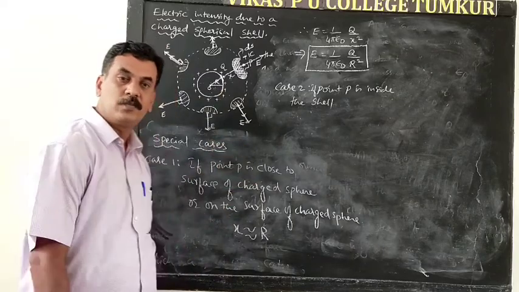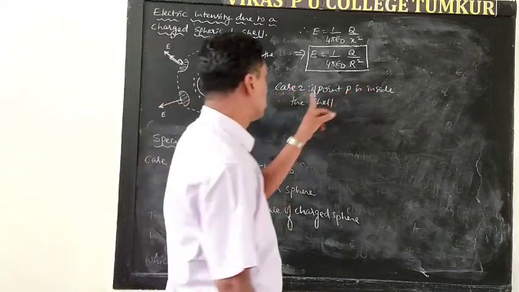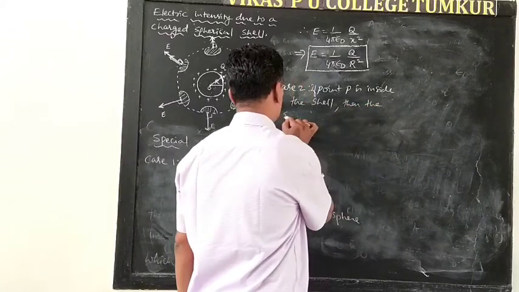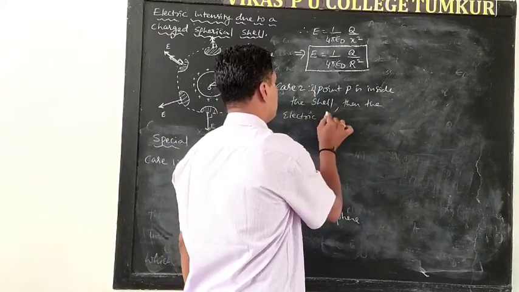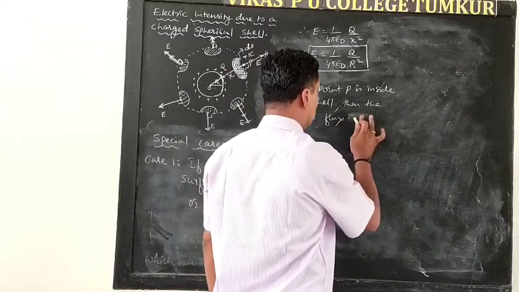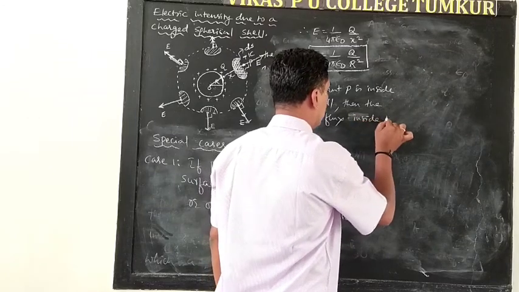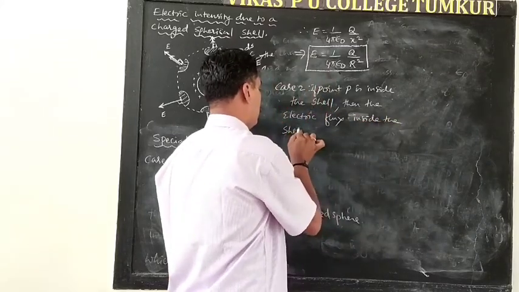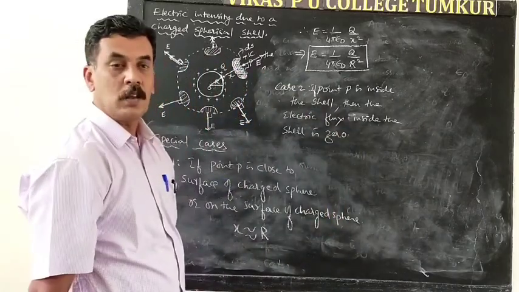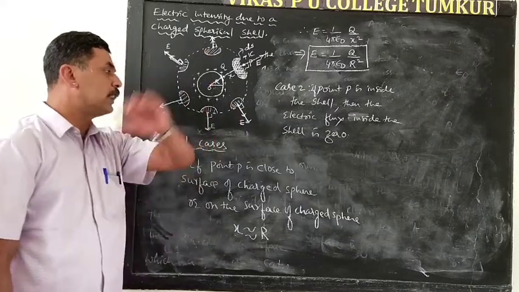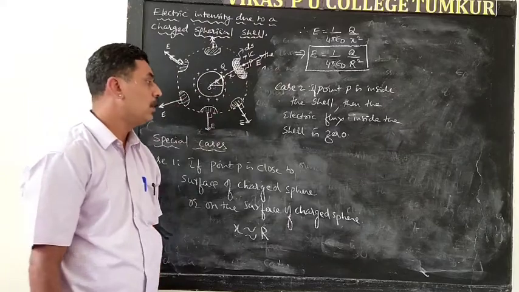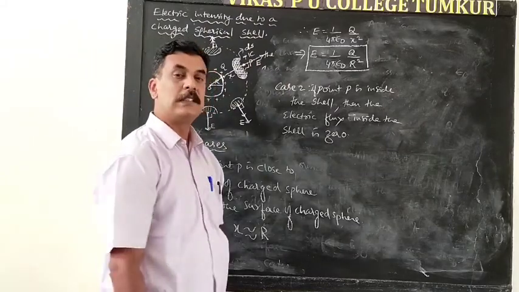If the point P is inside the shell, then the electric flux through the shell, or inside the shell, is zero. If the flux is zero, naturally the electric intensity is zero.